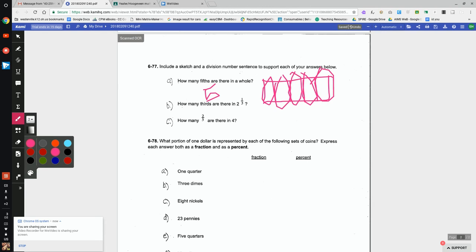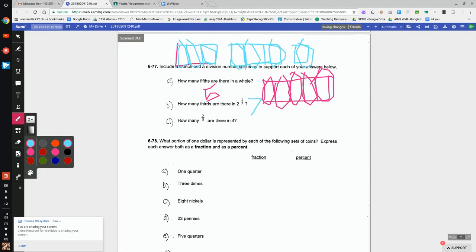How many thirds are in 2 1/3? I could have 1, 2, break them into thirds, and then I can have my 1/3 here. So how many thirds? I got 1, 2, 3, 4, 5, 6, 7 thirds.